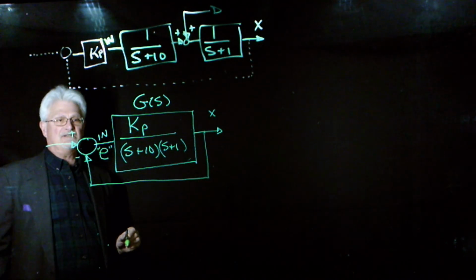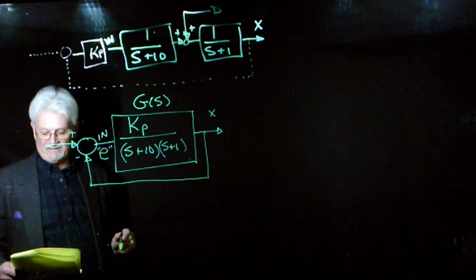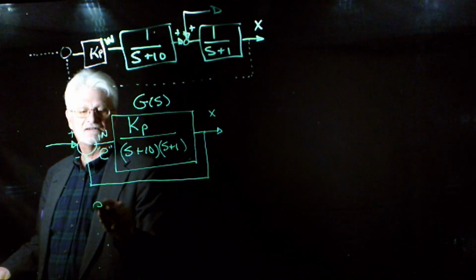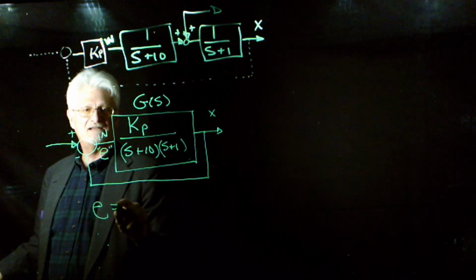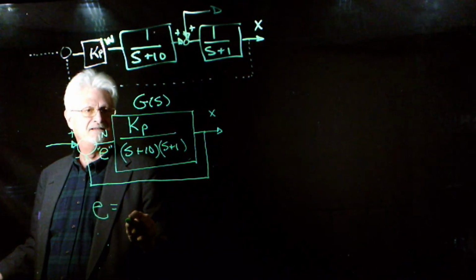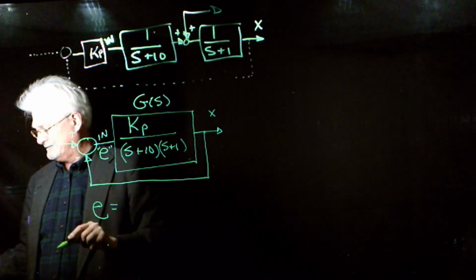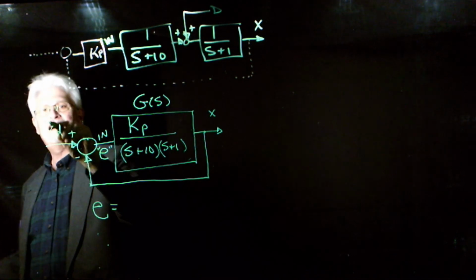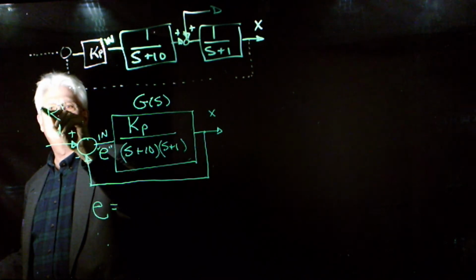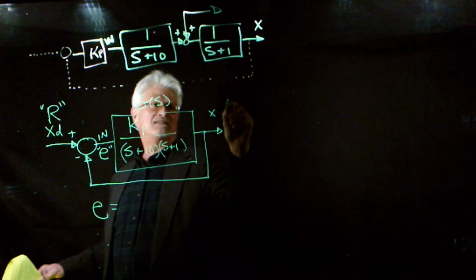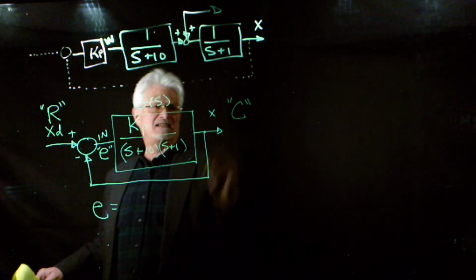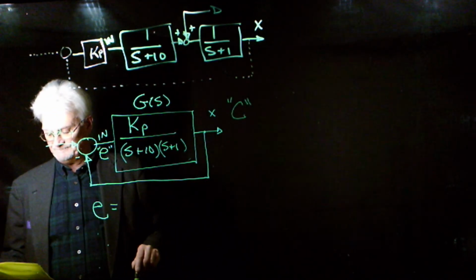And what we're going to do is find out what the error is equal to. The book calls it R, the reference signal, and C, the output signal, but that's okay.